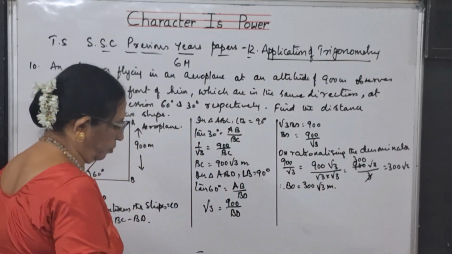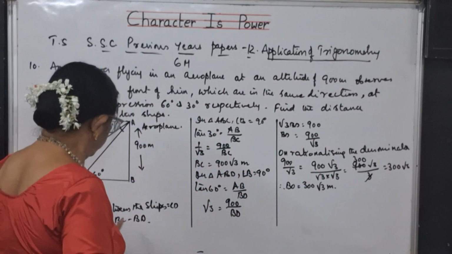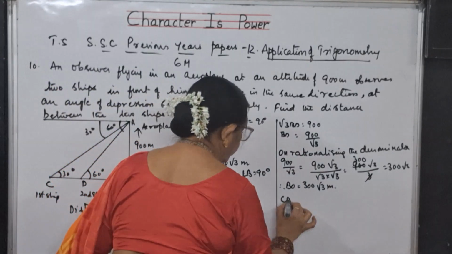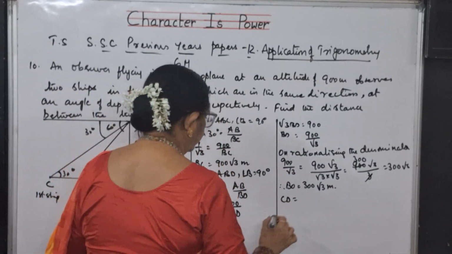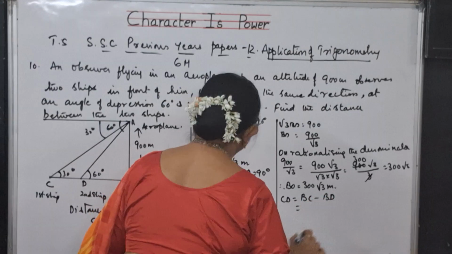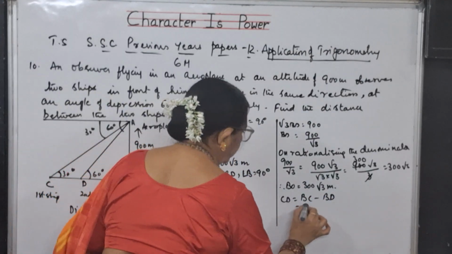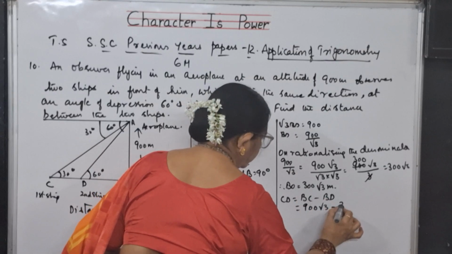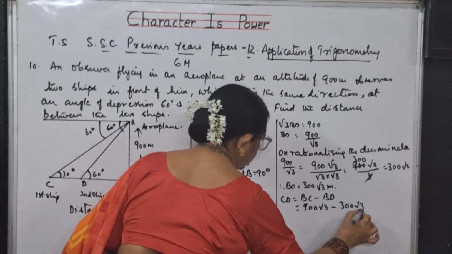Now, what do you want? You want CD. CD is BC minus BD. What is BC? We got 900 root 3 minus BD is 300 root 3.